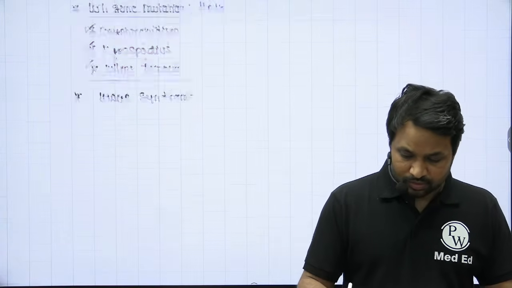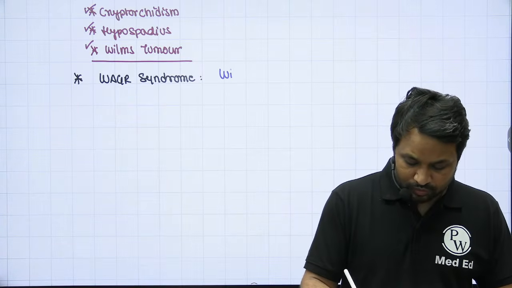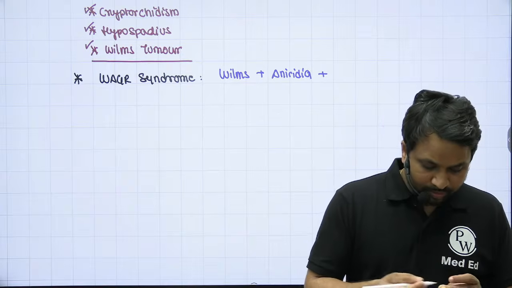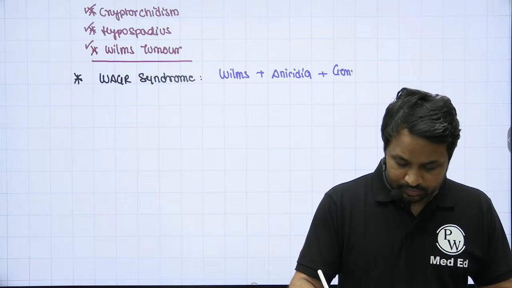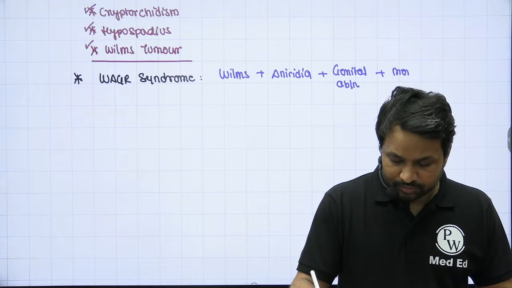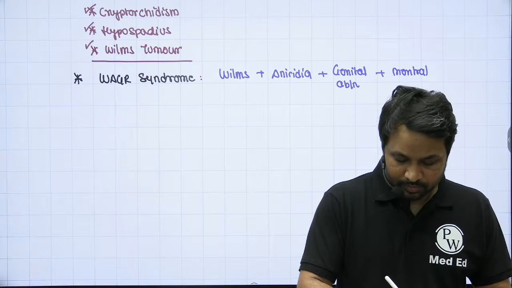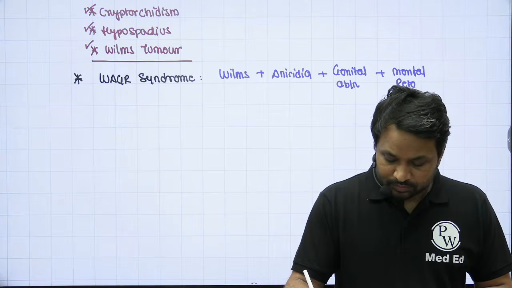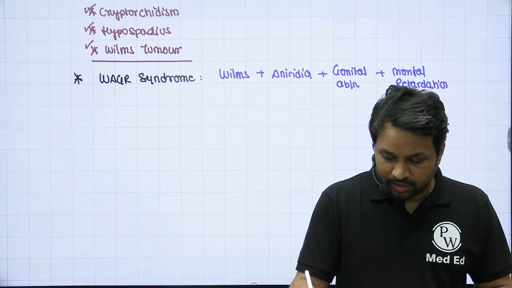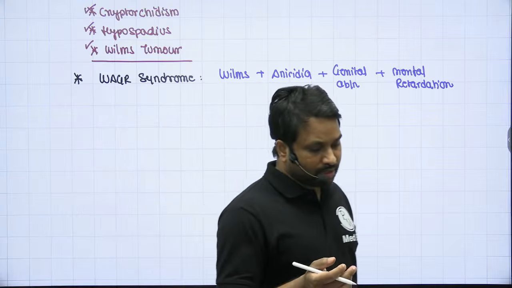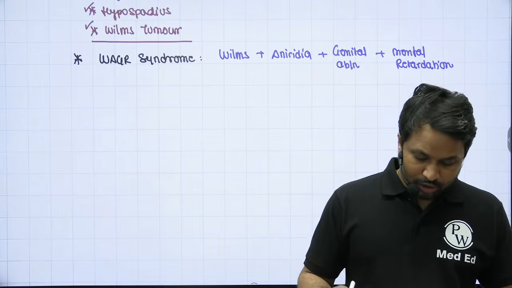So what is WAGR syndrome? WAGR syndrome is a combination of Wilms tumor with aniridia, that is absence of iris, genital abnormalities, and mental retardation. So there is Wilms, there is aniridia, there is genital abnormality as well as mental retardation. That is going to be your WAGR syndrome.